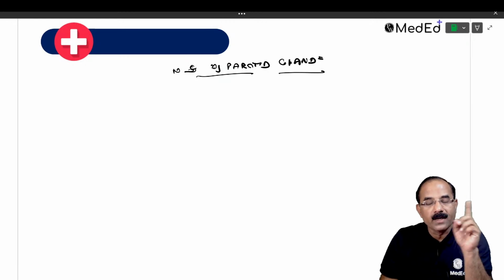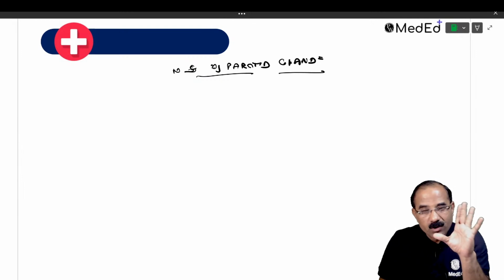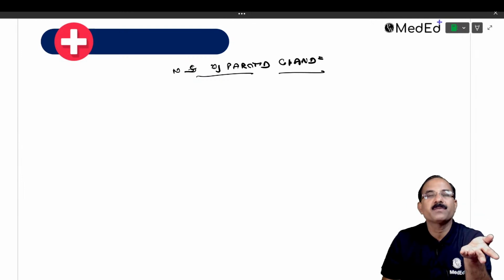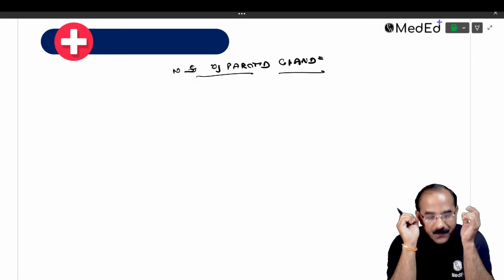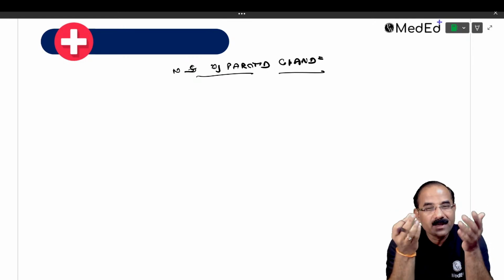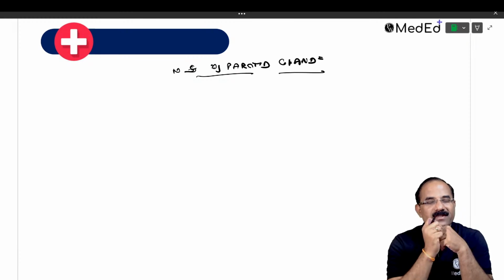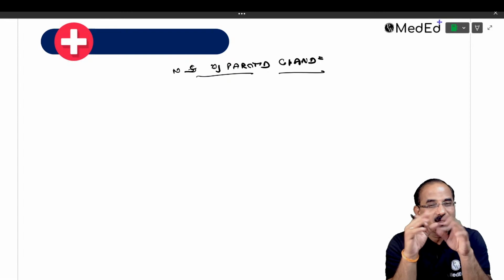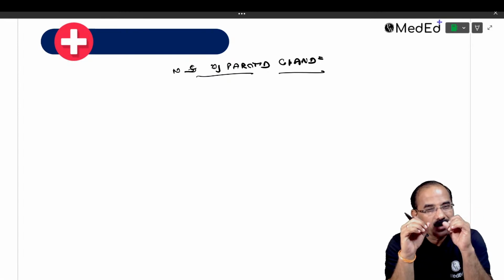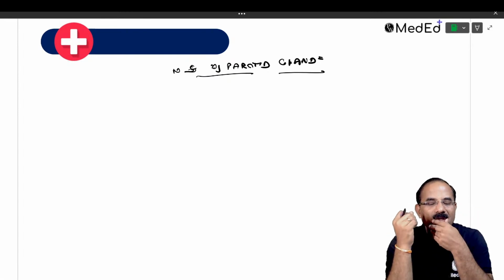These are not eye muscles, child. Eye muscles are different muscles. These are the muscles used for accommodation, and these are parasympathetic in nature. They are not extraocular muscles. These are different muscles. Okay, children?